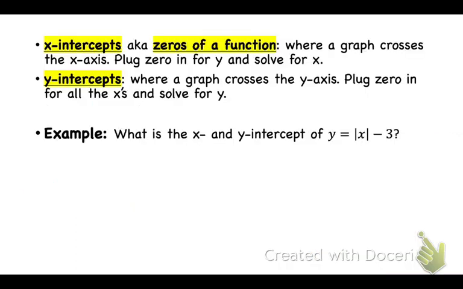Okay, x and y intercepts. We just did them, also known as zeros of a function for x-intercepts. So I do want you to make sure when you're writing x-intercepts, you also write zeros of a function. We also refer to them as solutions. X-intercepts, solutions, zeros.